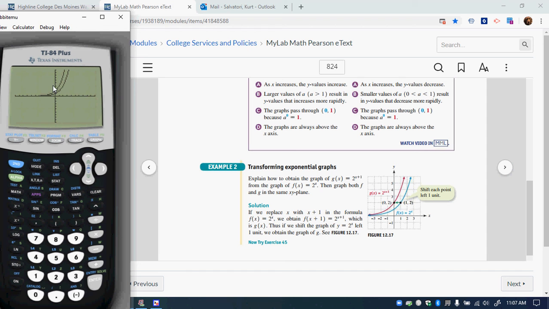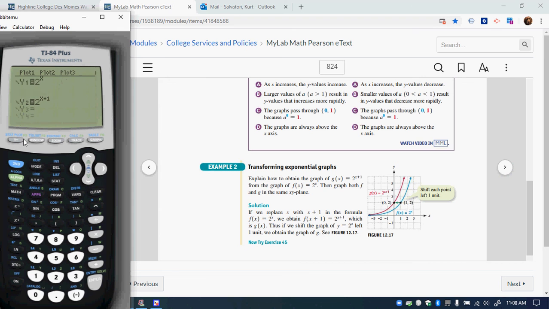It moves it to the left. And that's kind of unusual because most people think, oh, this actually moves to the right. And maybe I said that originally, but really it's not. It's going the other way. It's going to the left instead of the right. So that's something to see again. That here, the first equation is here. Okay, and then it moved to the left because you added 1 unit to it.